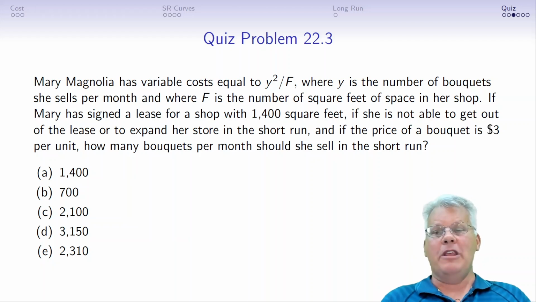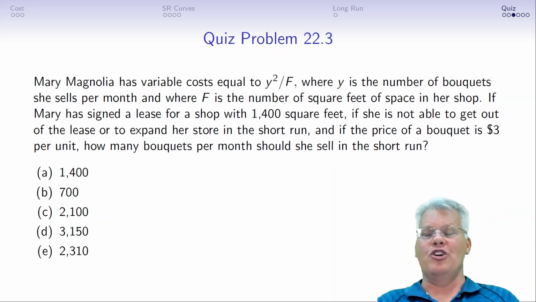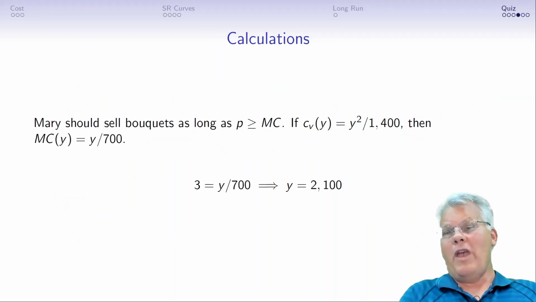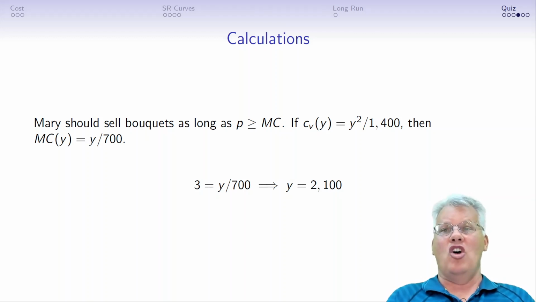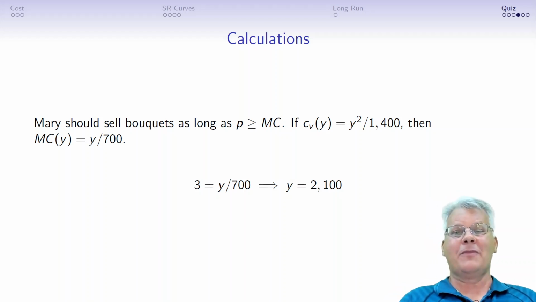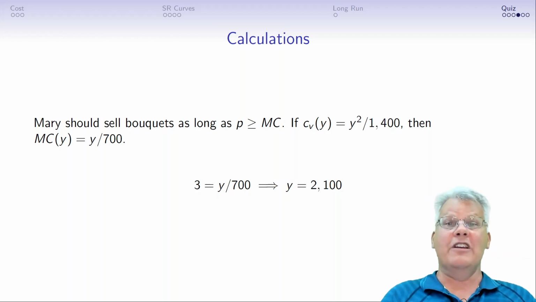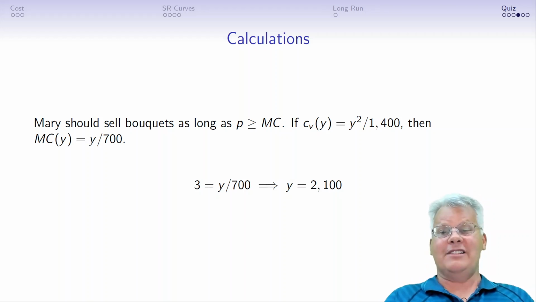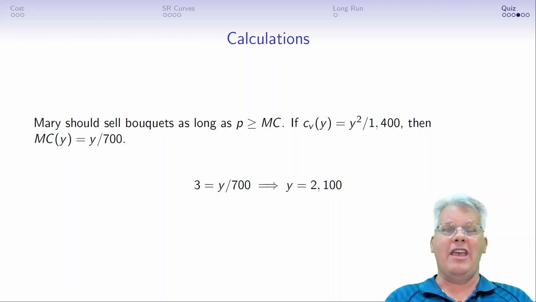The question is, how many bouquets per month should she sell in the short run if the price is $3 per unit? She should sell bouquets as long as the price is greater than or equal to the marginal cost. Her marginal costs are the derivative of her variable costs, and we set price equal to marginal cost and find that Mary should sell 2,100 bouquets.